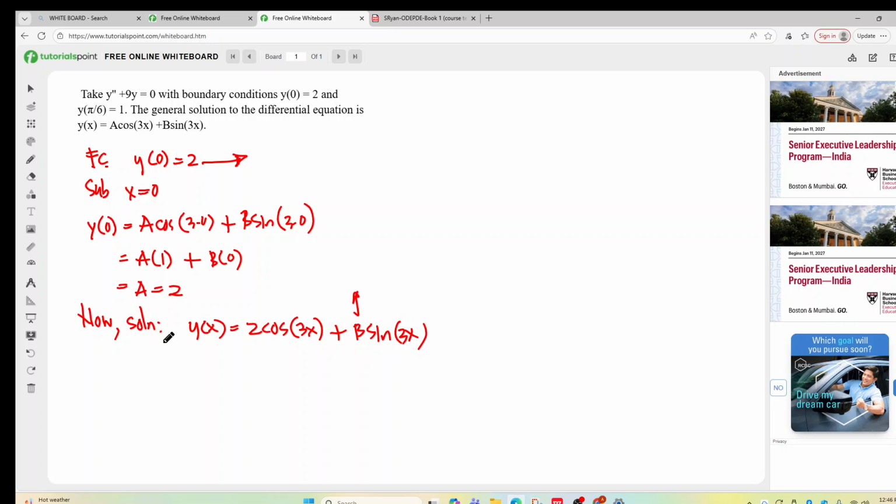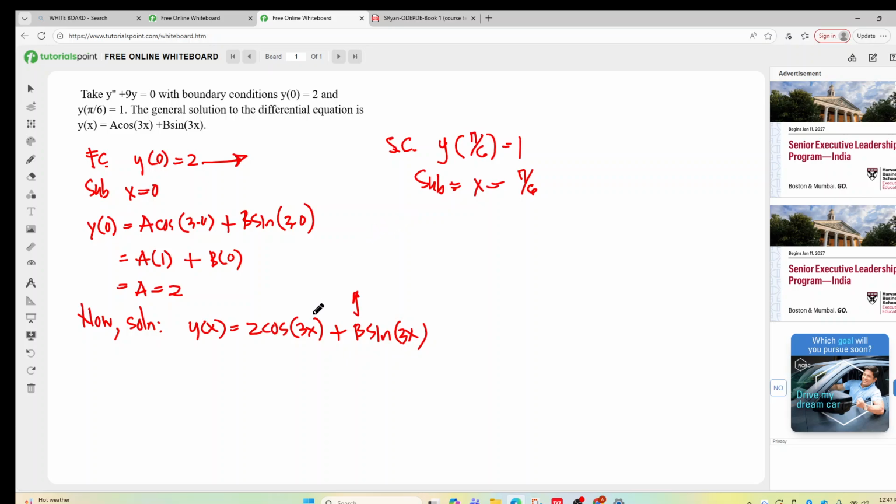To do that, we have the second condition for the differential equation: y of pi over 6 must be equal to 1. And of course, we need to substitute the value x equal to pi over 6.